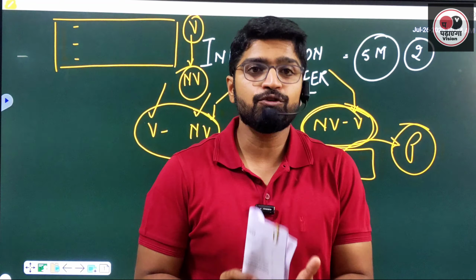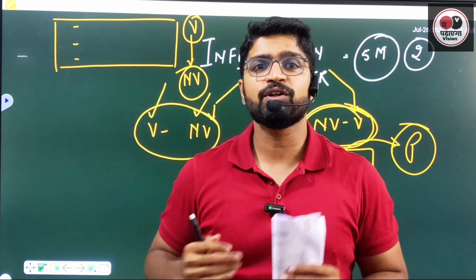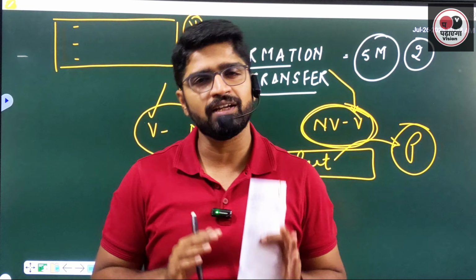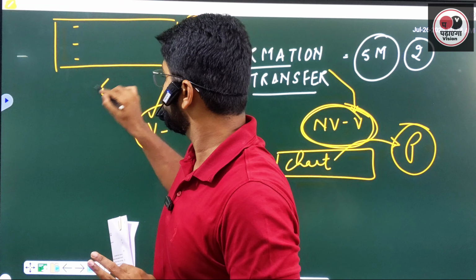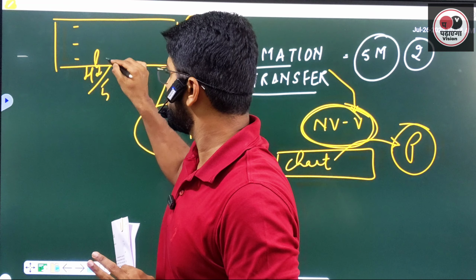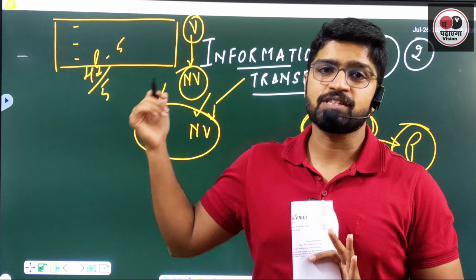So unfortunately this is where you tend to lose marks. This is also the part where you can upgrade your marks. Practically in exams, if written and presented well, out of 5 you can possibly get 4.5 or even 5. Okay, this is one part of information transfer.